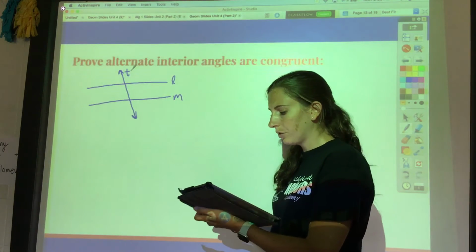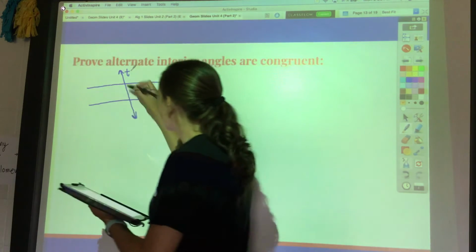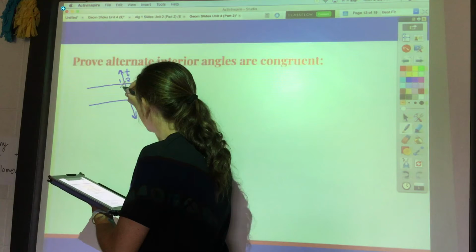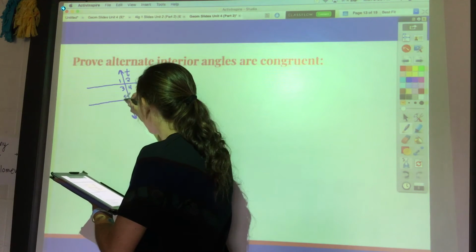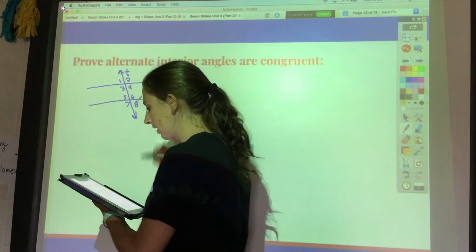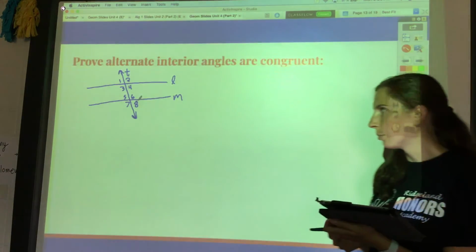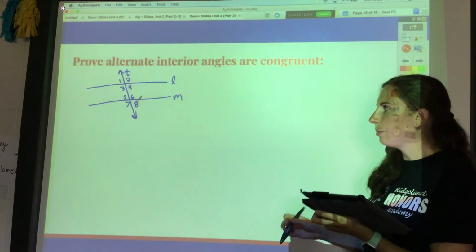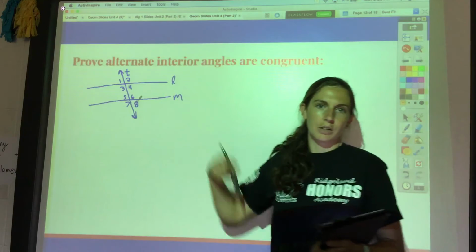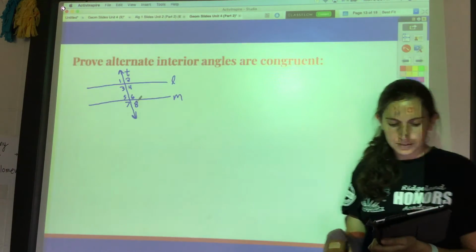Let's number these 1, 2, 3, 4, 5, 6, 7, 8, just to give them names. I'm trying to prove basically that angles 3 and 6 are congruent, alternate interior angles there.